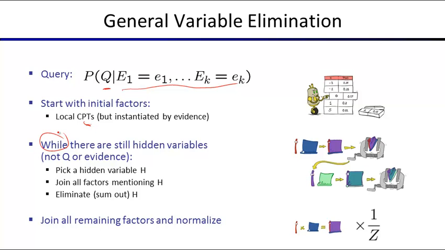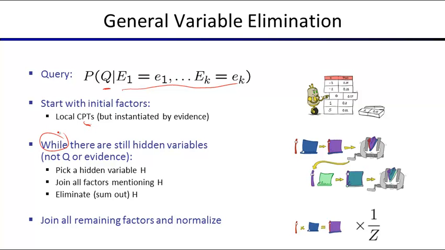You pick one, and as you pointed out, it's going to be important in which order you pick them, but for now, let's assume you just pick one. You join on that variable. What does that mean? You take all factors that have that variable in it, join them together. Once you've done that, you're allowed to sum it out, which makes this factor a little smaller, and you repeat. Once you're done with that procedure, you might still have many factors left.